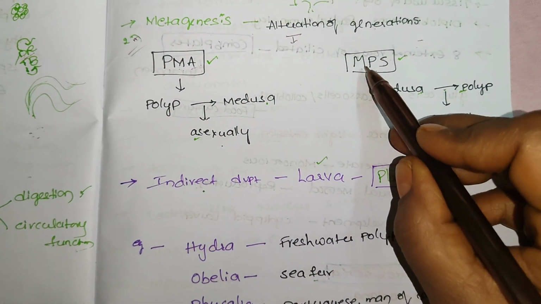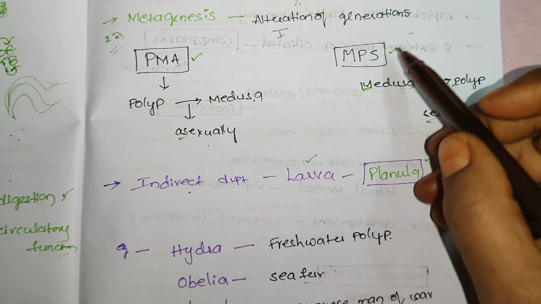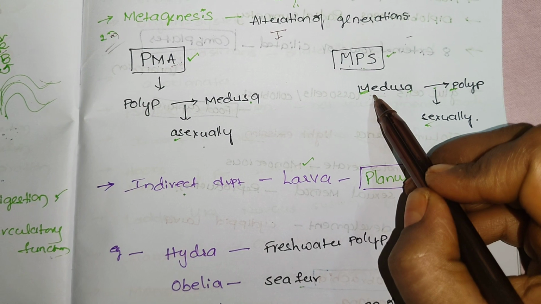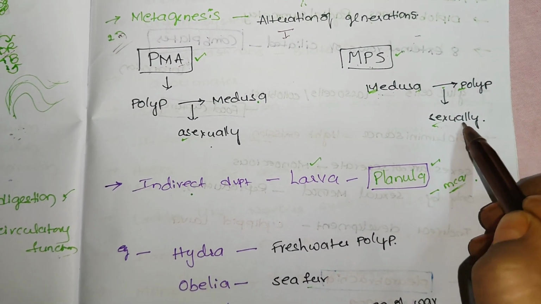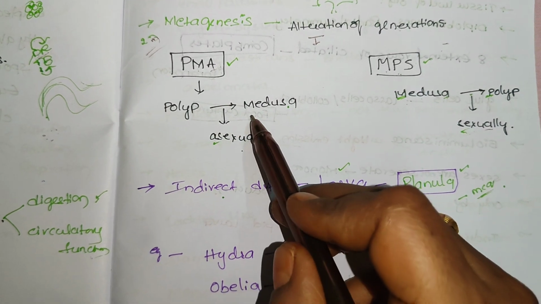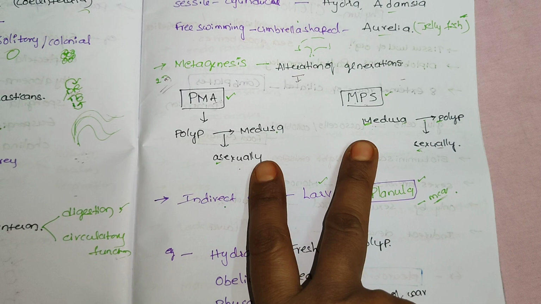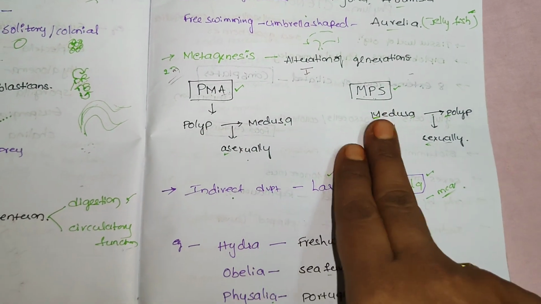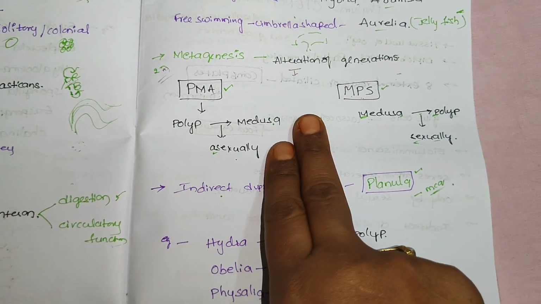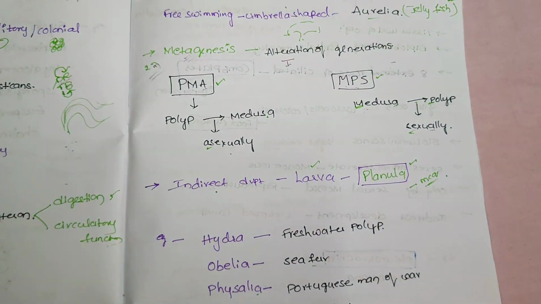Already we know the medusa is for reproduction. Generally reproduction is by sexual. That is why medusa is altered to polyp by sexual. Polyp is altered into medusa by asexual. These are the two basic forms. They can alter from polyp to medusa, medusa to polyp. That is called metagenesis, a 2 marks important question from this topic.